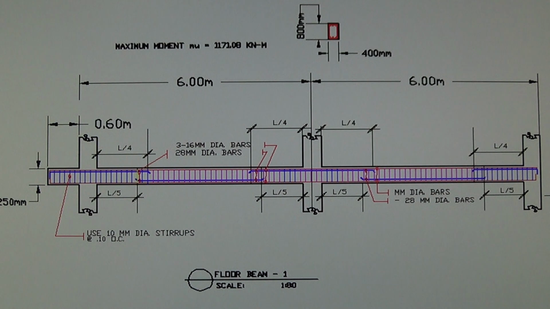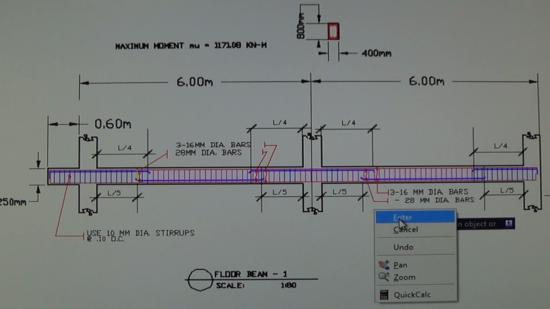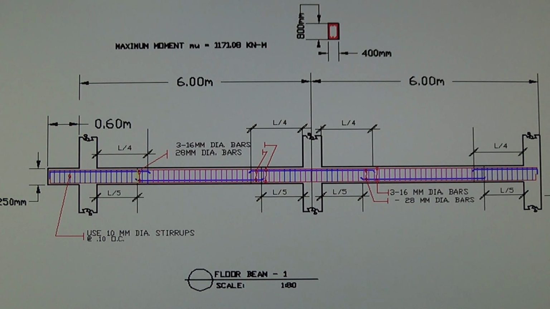Alright, so I'm going to change this as well. And this is 3 16 millimeter diameter bars, the top and the bottom, for the stirrups.